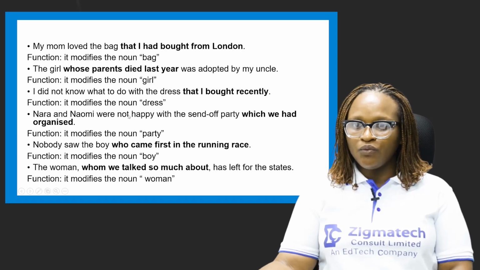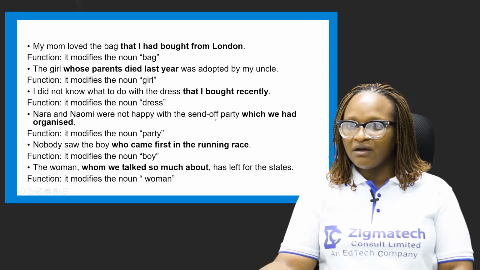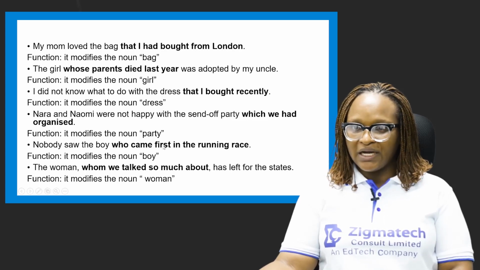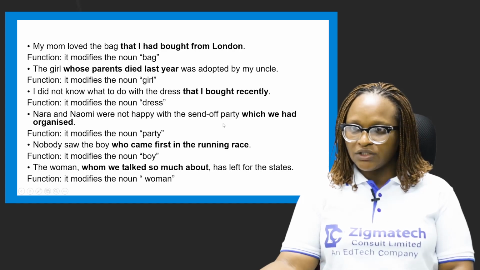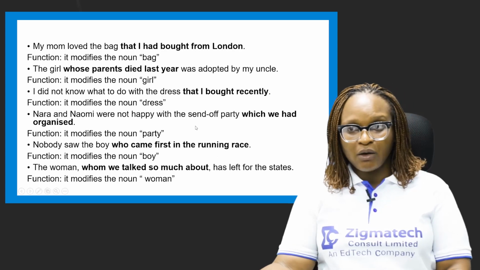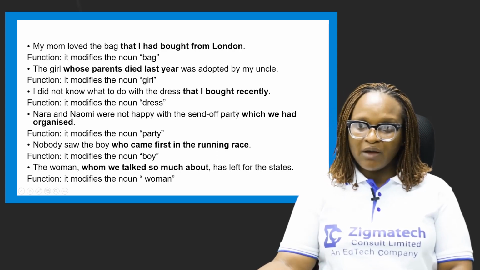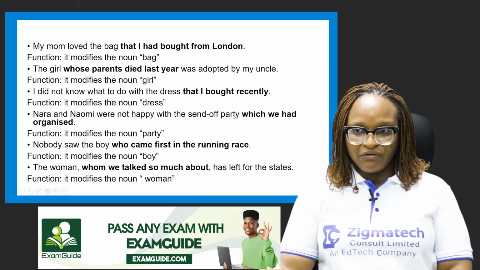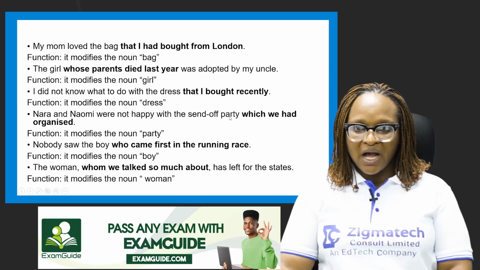Nara and Naomi were not happy with the send-off party which we had organized. Send-off is an adjective. Now here is the noun word. Remember, adjectives don't modify adjectives. Adjectives can only modify nouns or pronouns. So you can't put send-off party as what it modifies. It rather modifies the noun party.